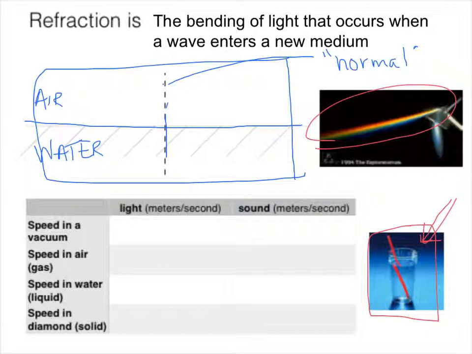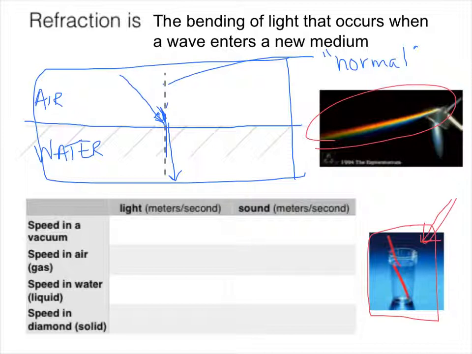And so when it comes to refraction, if we're talking about a light wave, we have our light wave, which we represent with a ray. A ray is just an arrow. It tells us what direction that wave is traveling. And if this light wave were traveling through air and it suddenly entered water, it's going to slow down when it encounters the water and it's going to bend toward the normal.